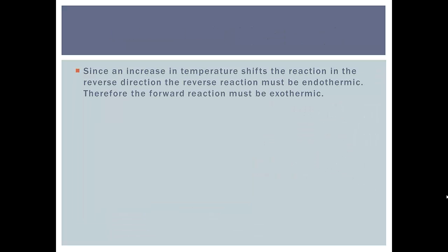Since an increase in temperature shifts the reaction in the reverse direction, the reverse reaction must be endothermic. Therefore, the forward reaction must be exothermic. So the delta H should go on the side with the N2O4, because when I add heat, the reaction produces more nitrogen dioxide. I know this because it got darker. So the delta H needs to go on the opposite side so that when you increase the heat, it will shift towards the NO2.